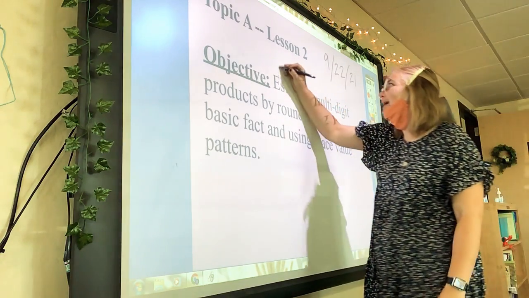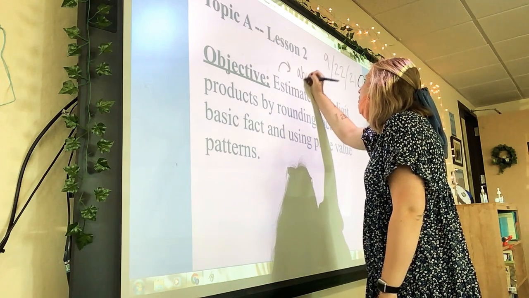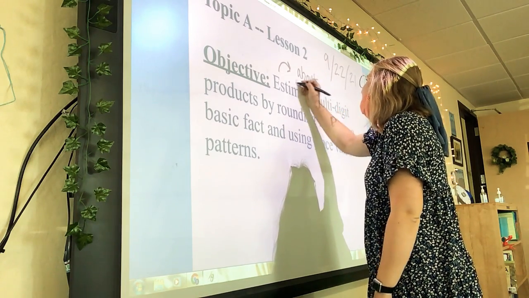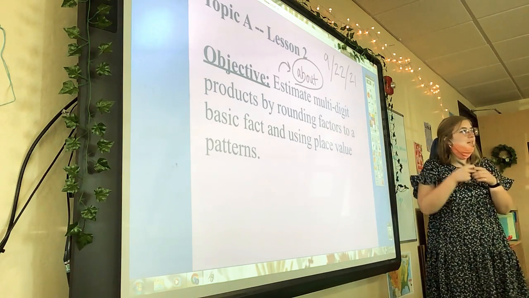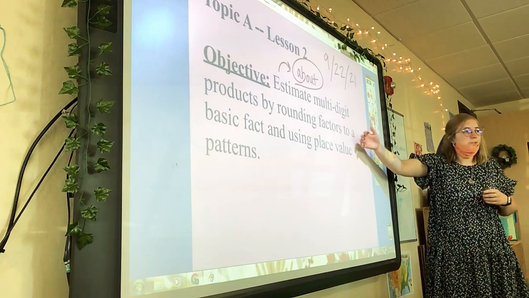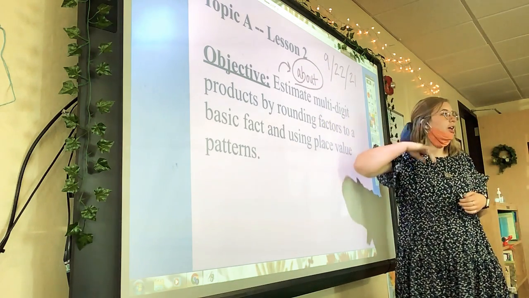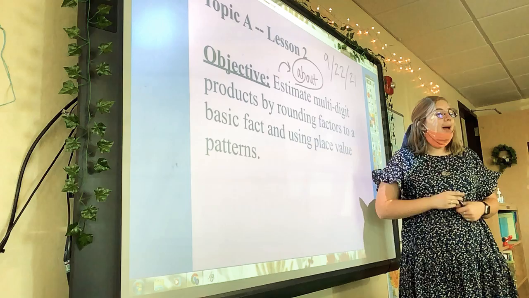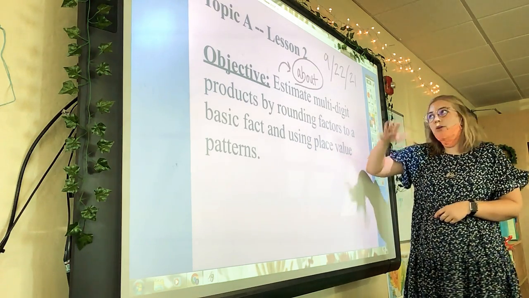Okay, so we're going to estimate. When it says estimate, are we going to find exact answers today? No. Anytime we see the word estimate, estimate is the noun, estimate is the verb, okay? So we're going to estimate. I want you to think of the word about. About means that it's not exactly this, but it's about this and that.